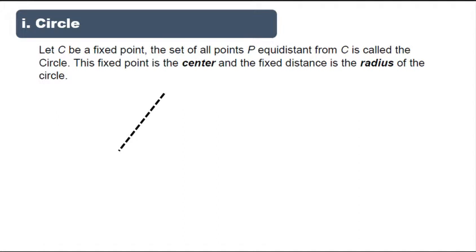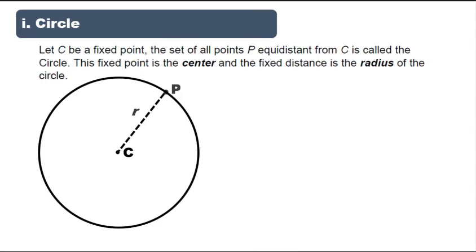start the discussion giving the definition of a circle. It says here that let C be a fixed point in the plane. So let that be your fixed point. The set of all points P equidistant to that C is called the circle.